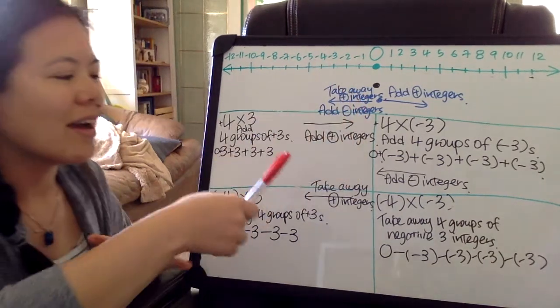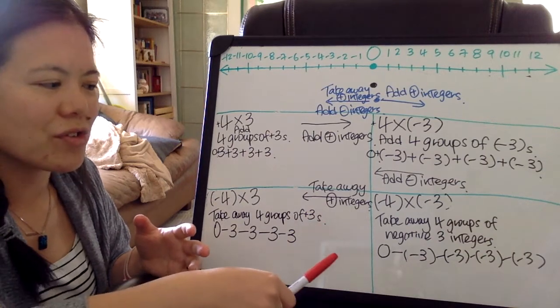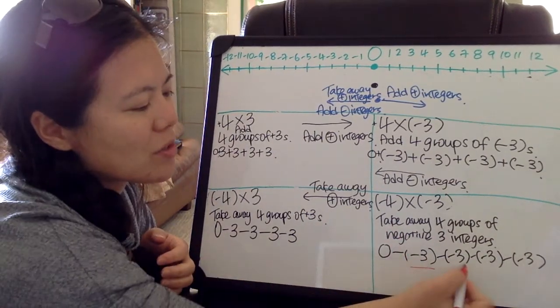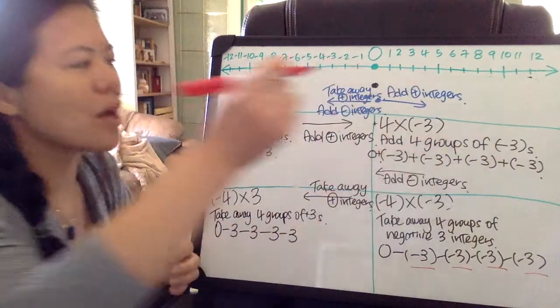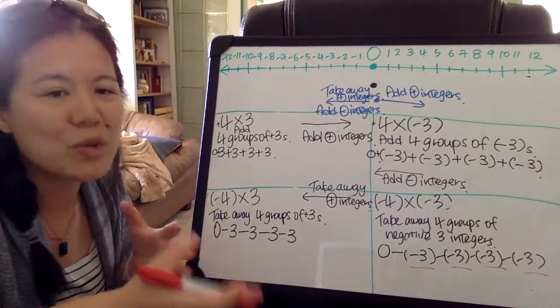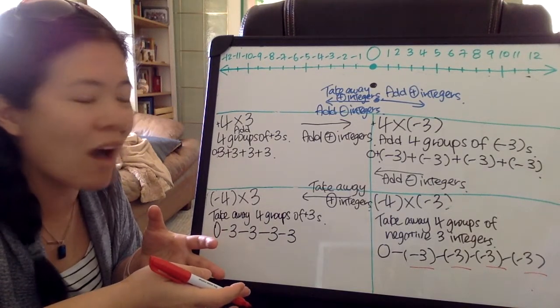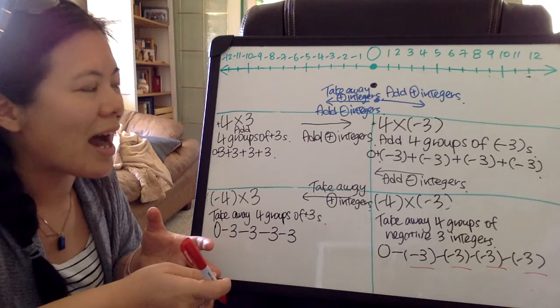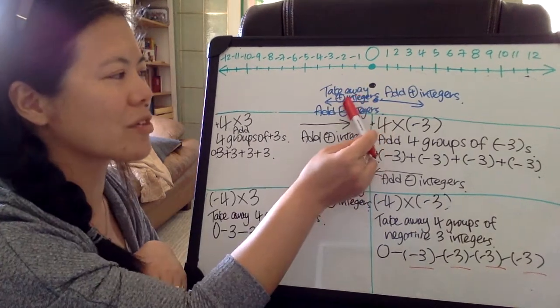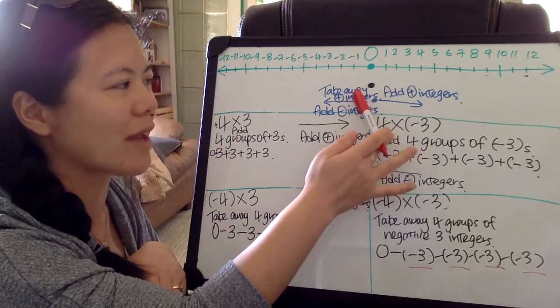So here, now I'm taking away negative 3 integers 4 times. 1, 2, 3, 4 times. When I take away negative integers, which way do I go? Well, I have only one option remaining because I am not taking away positive integers. I'm taking away negative integers. That means I'm doing the opposite of this, right?